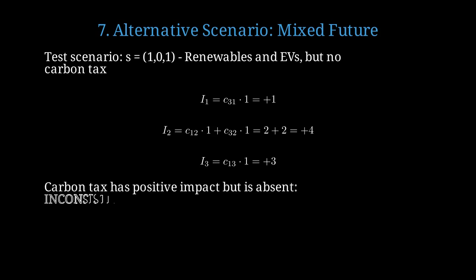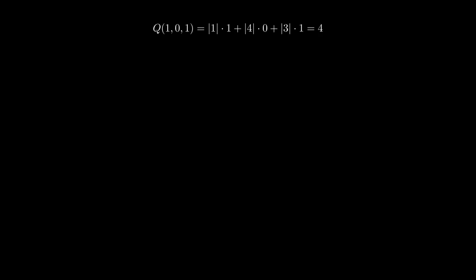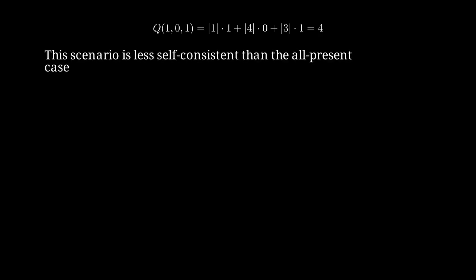Here's the problem. Carbon tax has strong positive impact, but is absent, creating an inconsistency. The consistency score drops to only 4 because carbon tax contribution is 0 due to mismatch. This demonstrates how cross-impact balance reveals which scenarios are internally coherent versus contradictory.